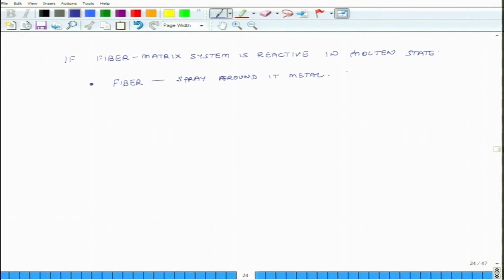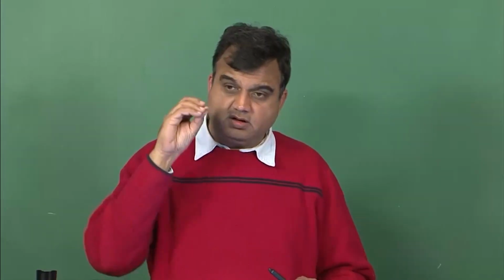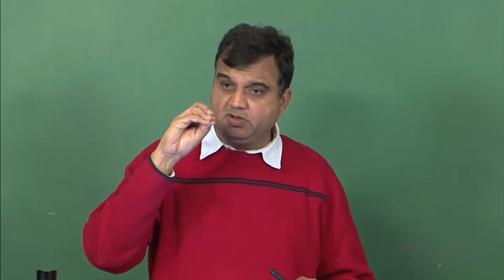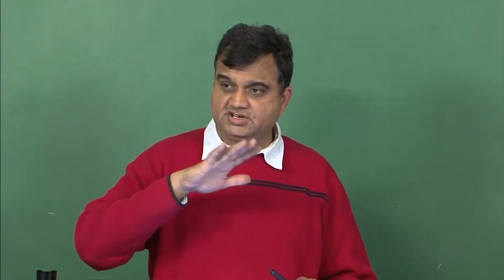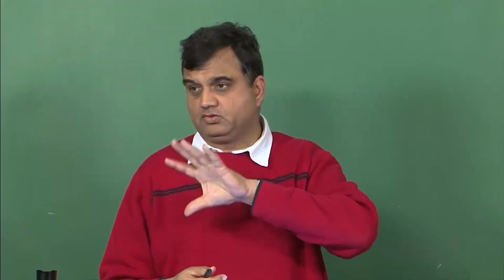This is the plasma approach. It is still contacting molten metal, but because it is being sprayed, the time it gets exposed to very high temperature is very less, because spray cools very fast.